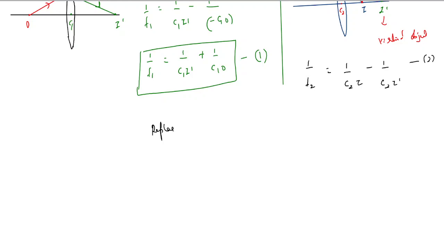So replacing points C1 and C2, why? Because these are thin lenses.